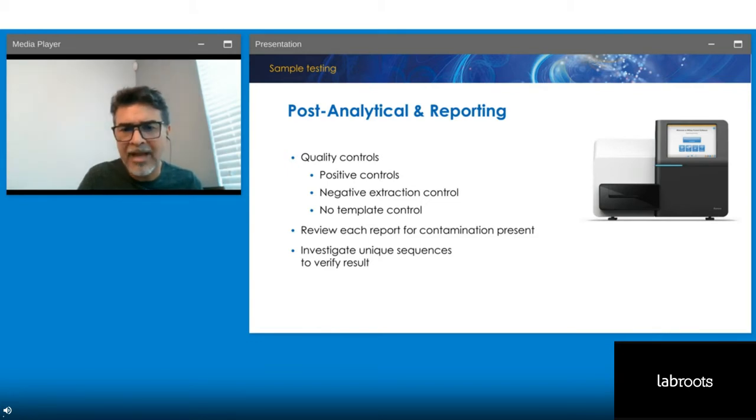There has to be a review of each report, looking for any potential contaminant. If there is a trend of some organisms that are present in multiple results, those have to be reviewed. And those sequences that are unique, or those sequences that are not matching any other reference in the bioinformatic pipeline, need to be investigated.